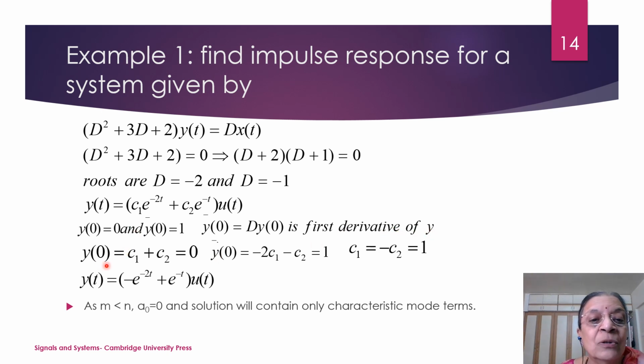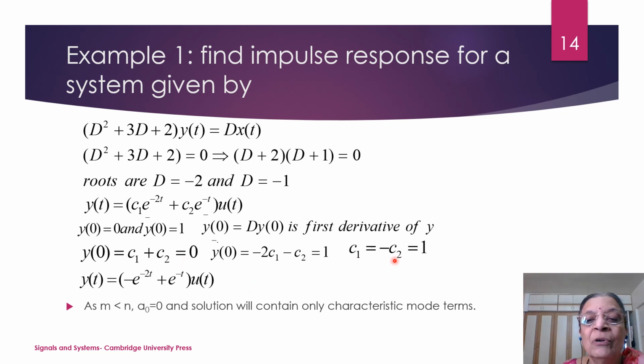Now what is y(0)? y(0) is c1 plus c2, because e raised to minus 2t and e raised to minus t will be equal to 1 when t equal to 0. So c1 plus c2 is equal to 0, because this is given in the initial condition. Then y dash(0), that is the first differentiation, is minus 2c1 minus c2, which is equal to 1. But c1 is equal to minus c2.